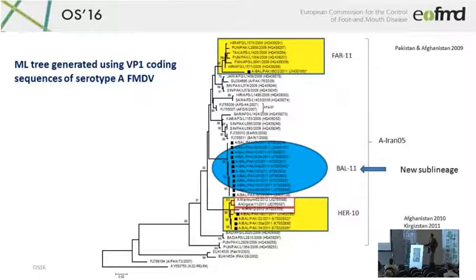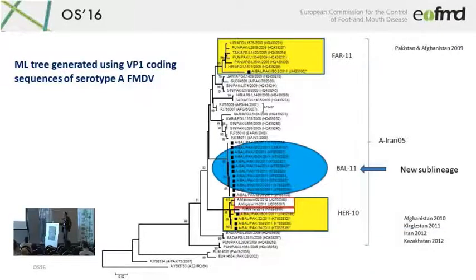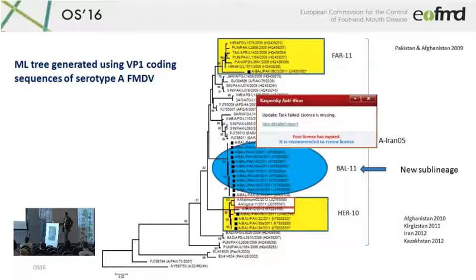For serotype A viruses, we found 3 different sublineages, and they all belong to the A-Iran-05 lineage. The 2 sublineages were the previously described FAR11 and HER10 sublineages, and a new sublineage which we named here as BAL11.